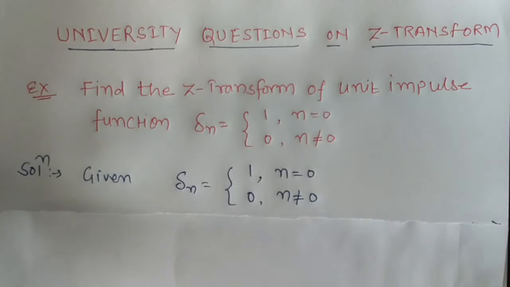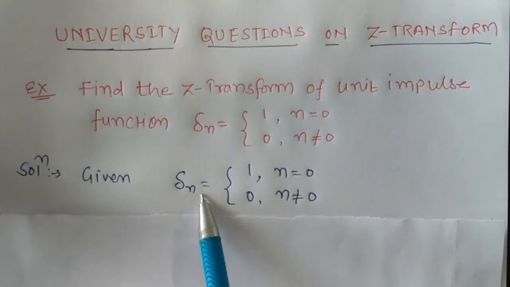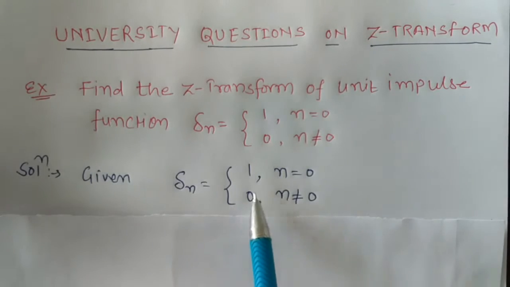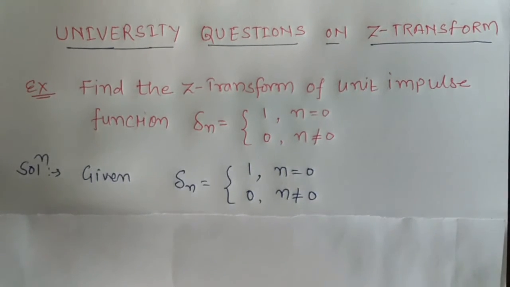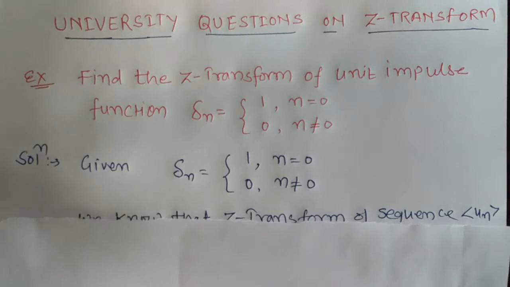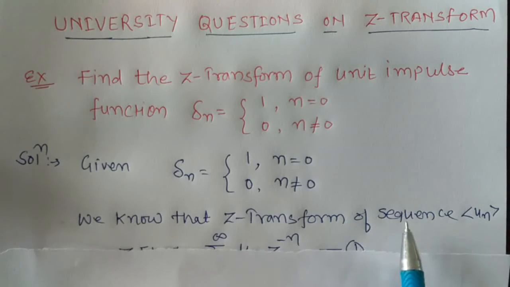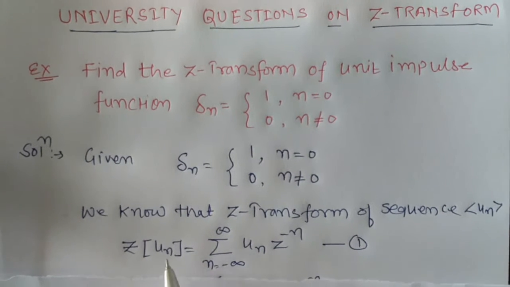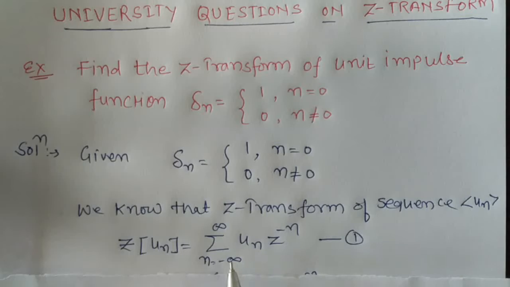So the given function is delta n, whose value is 1 for n equal to 0 and 0 for n not equal to 0. Now we know that by definition, the Z transform of a sequence u n is given by the summation, n goes from minus infinity to plus infinity, u n into z power minus n, the bilateral Z transform.